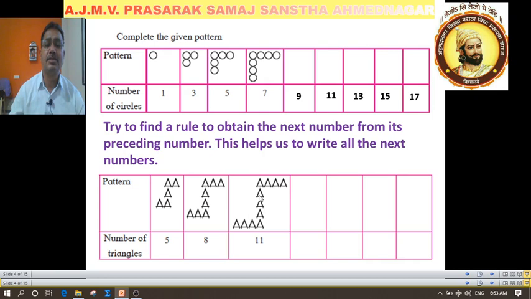In the next there are 11 triangles, again exceeding by 3. So if we guess, in the next quadrilateral the number of triangles is 14, next 17, 20, 23 and so on.